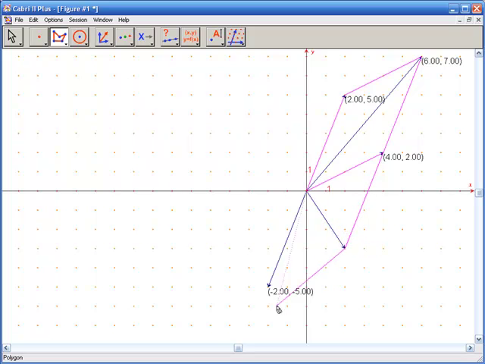Right to there, and then to there, and then to there. Then we'll take the coordinates of the difference, and indeed we'll see that 4 minus 2 is 2, and 2 minus 5 is -3, or 4 plus -2 is 2, and 2 plus -5 is -3, same operation.